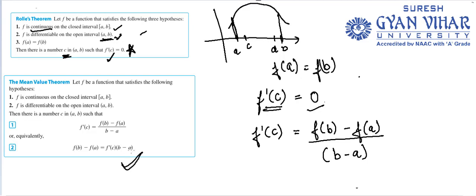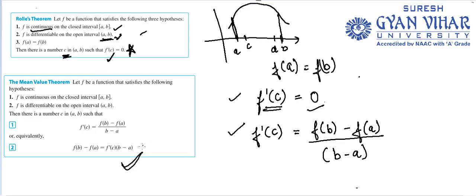So this is your mean value theorem, and this will be your mean point, right? So this is for your Rolle's theorem, this is for your mean value theorem.